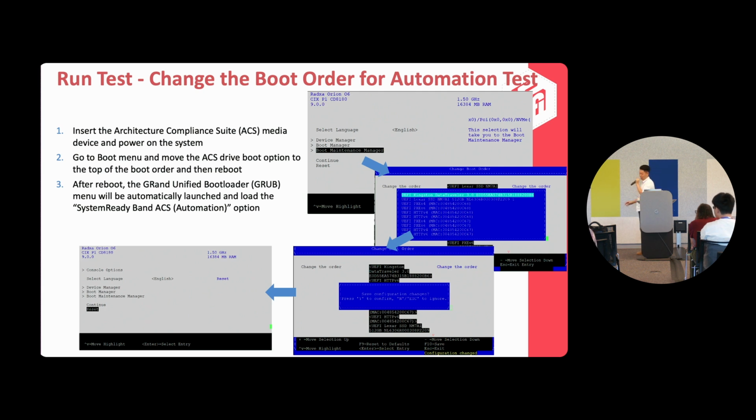Then when you have generated that ACS media device, you just need to insert it into your system and move that boot option to the top of the boot order so that it can finish the automation, because the automation test will reboot the system several times. We want that media device to be loaded after reboot, so you need to change the boot order.